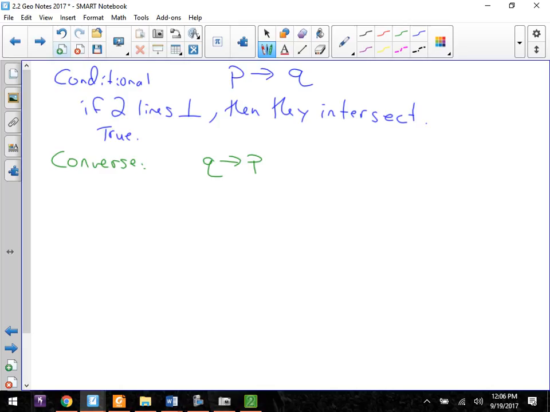If two lines intersect, then they are perpendicular. True or false? If two lines intersect, then they are perpendicular. True or false? False, isn't it? It has to be false.